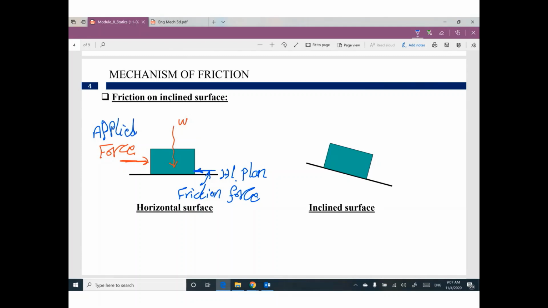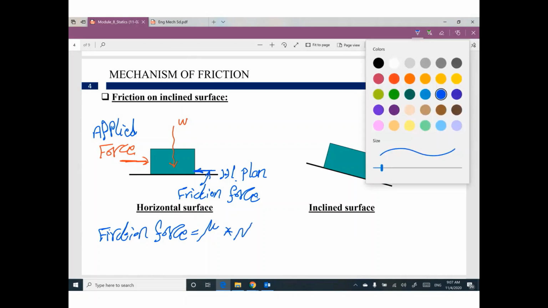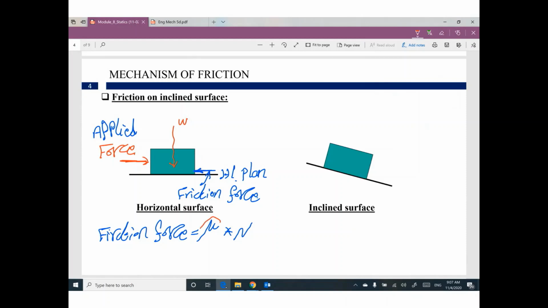And this friction force equals mu times N. Mu is called the friction factor or friction coefficient.